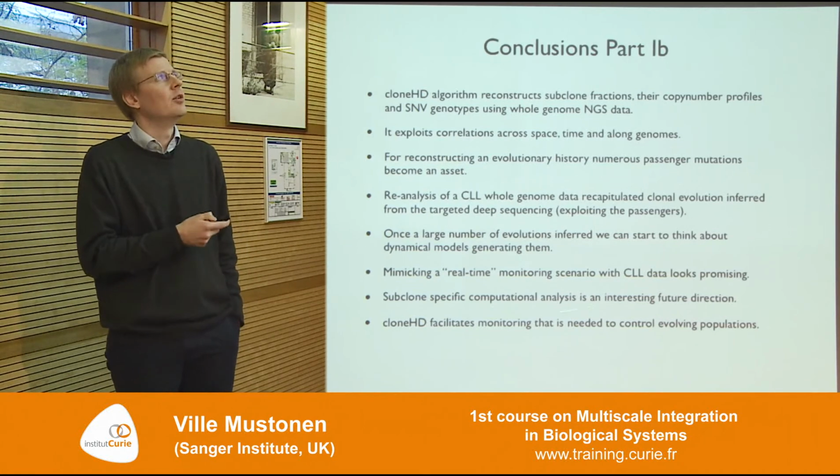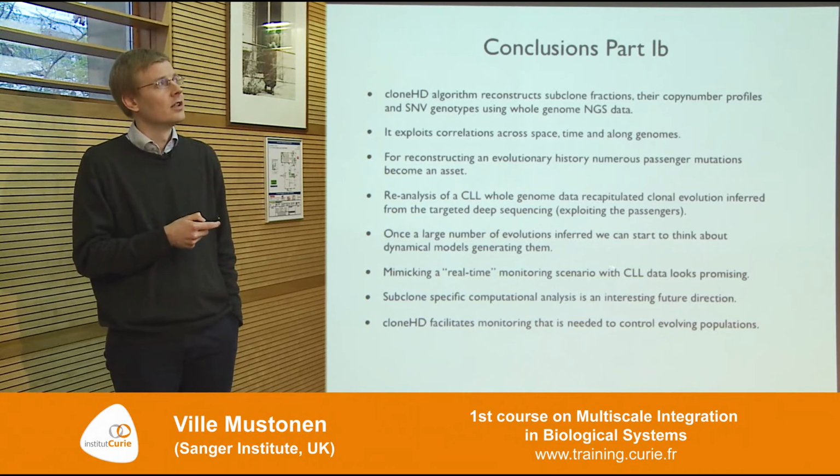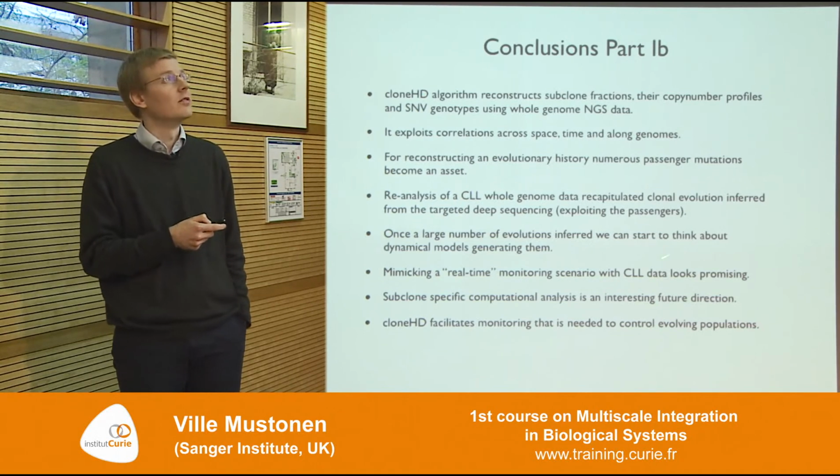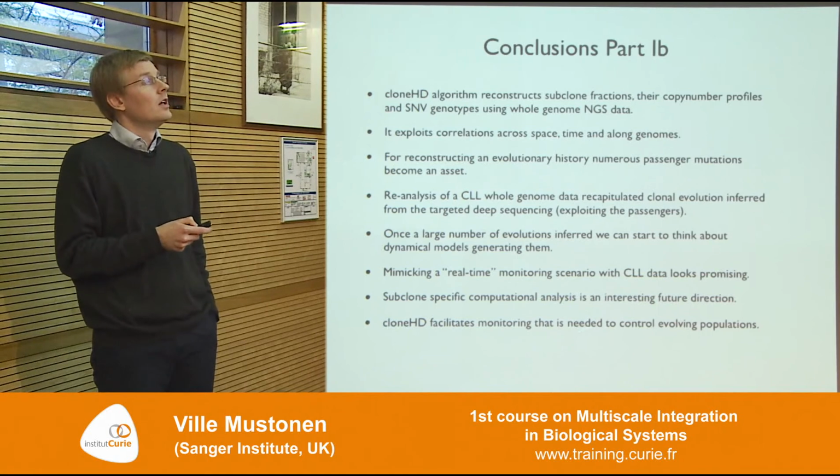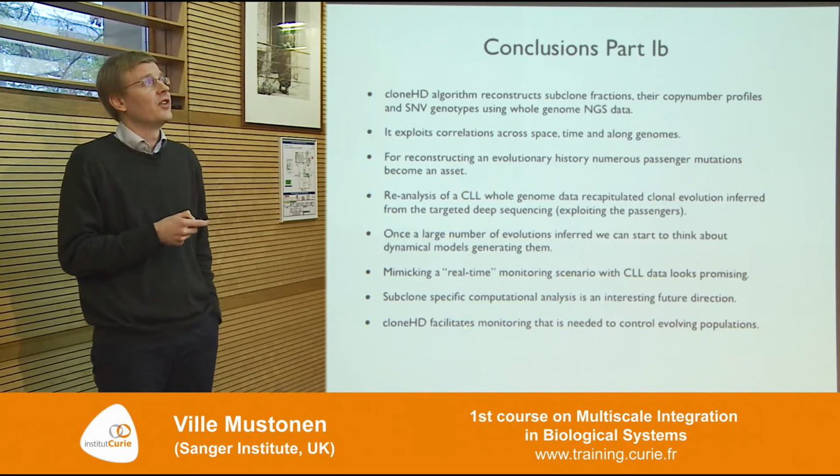But we need a little bit more data. And I think it's quite promising that this kind of mimic of real-time monitoring seems feasible. And also this kind of subclone-specific computational analysis is an interesting future direction.